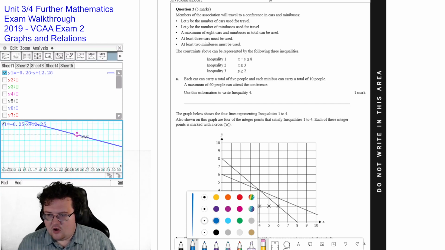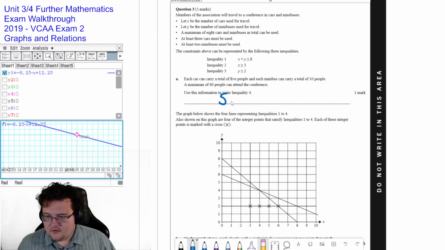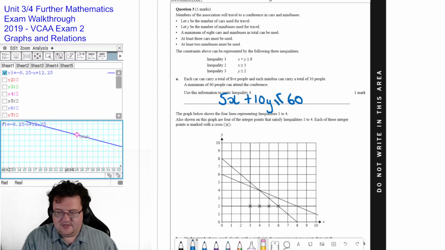How many people can fit on a car? Well, 5. So 5 times X. How many people can fit in a minibus? 10. And what is the maximum? Now you can have 60, but they want the maximum. So you can have less than or equal to 60. And there it is there.